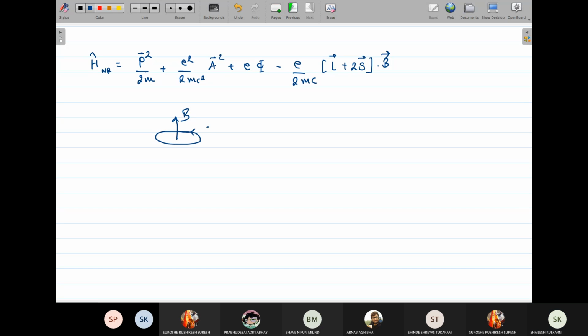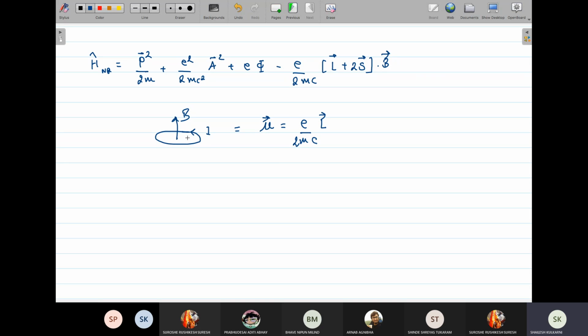Then this current loop placed in the magnetic field will have some magnetic moment, and the value of that magnetic moment will be e divided by 2mc times L. Instead of current, let us consider a classical charge revolving in a circular orbit.